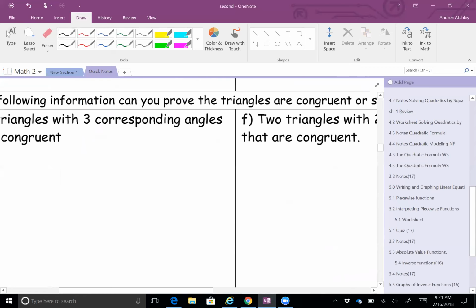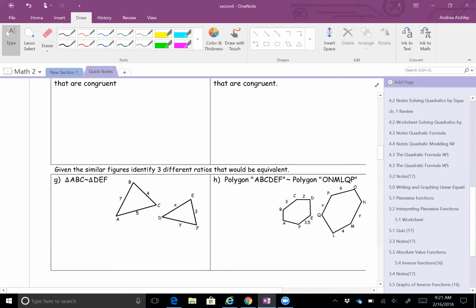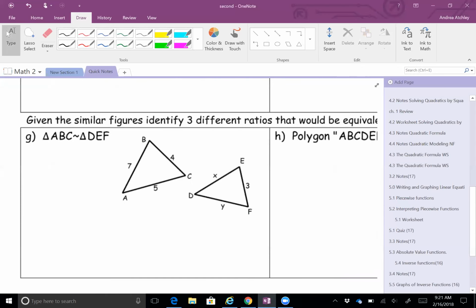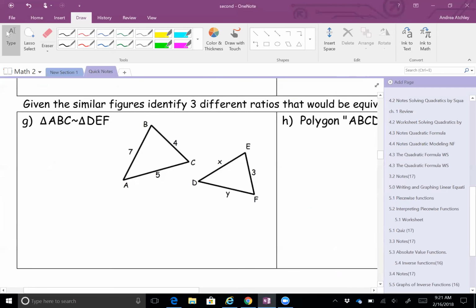Okay, we're going to skip these next two and go on to these. So I've now told you that triangle ABC is similar to triangle DEF. We want to come up with 3 different ratios as a result of that.